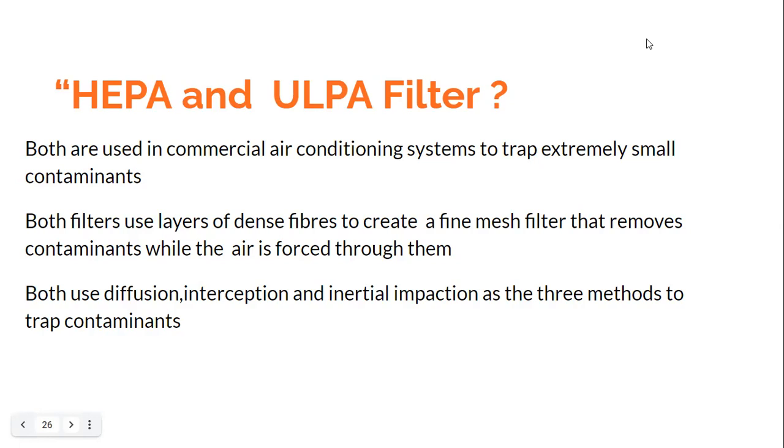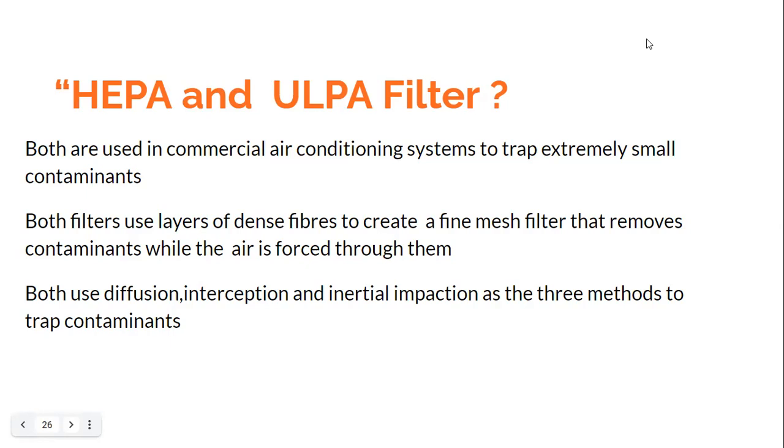So these are three methods used in filtration technique. Diffusion is basically predominant on ultrafine particles and on the movement of these particles which follow Brownian motion. This is a technique which we will discuss later for particle capture.